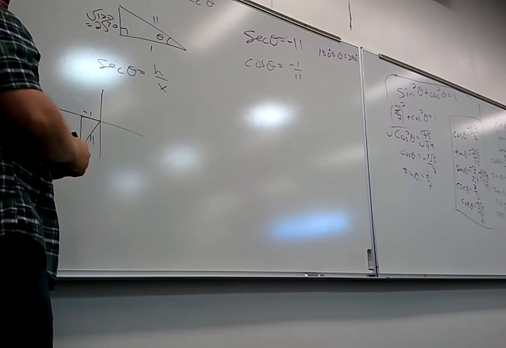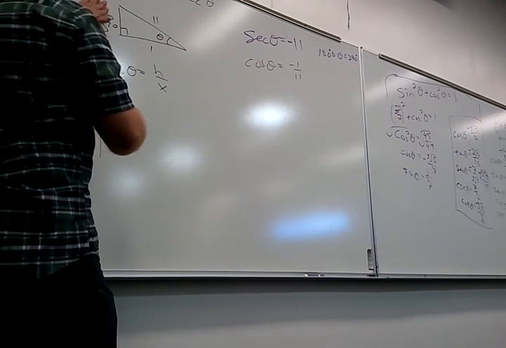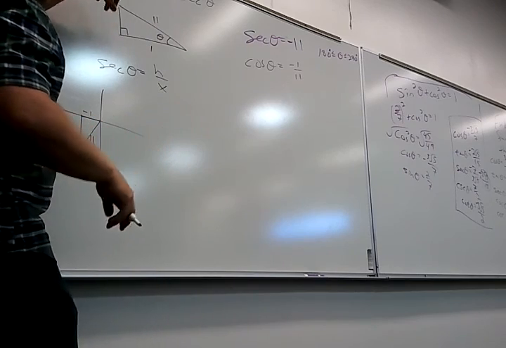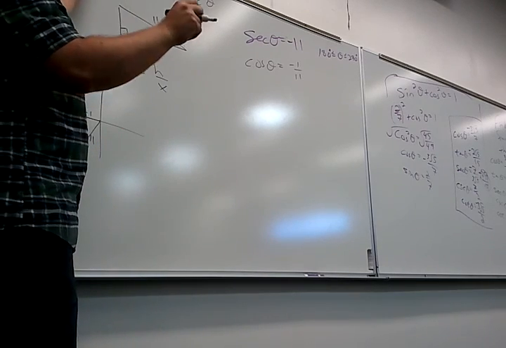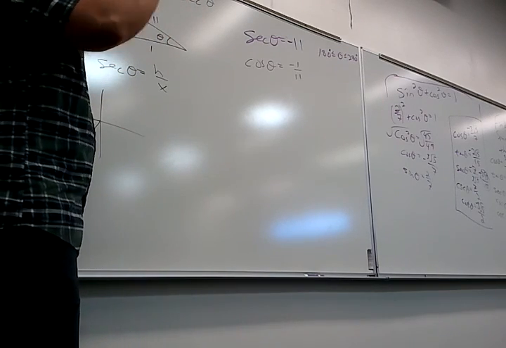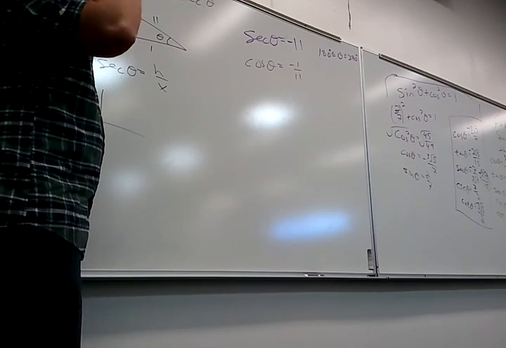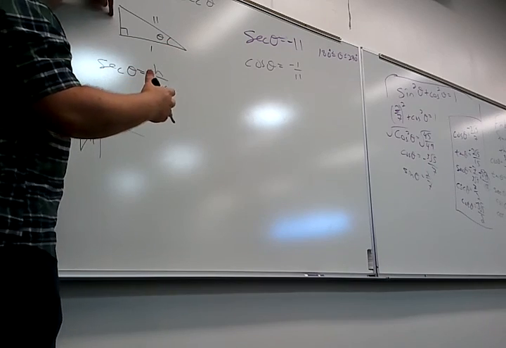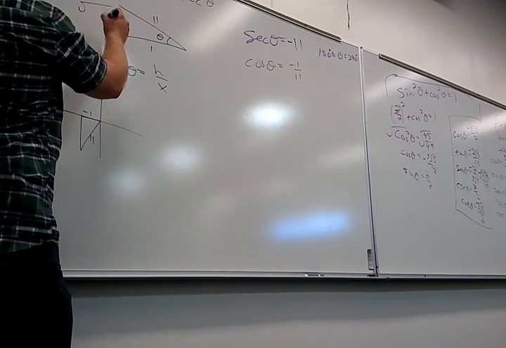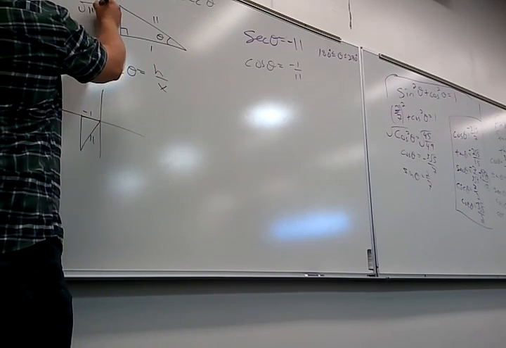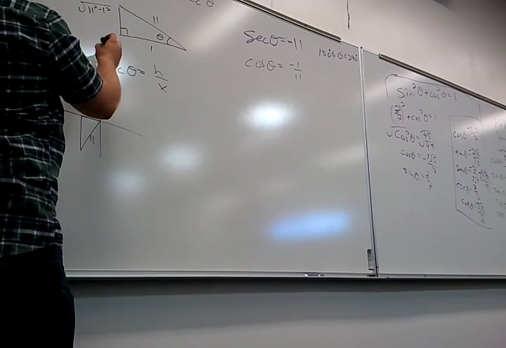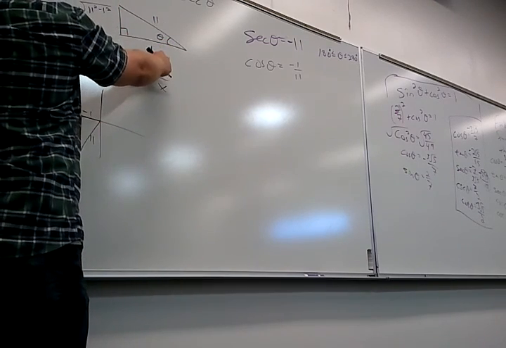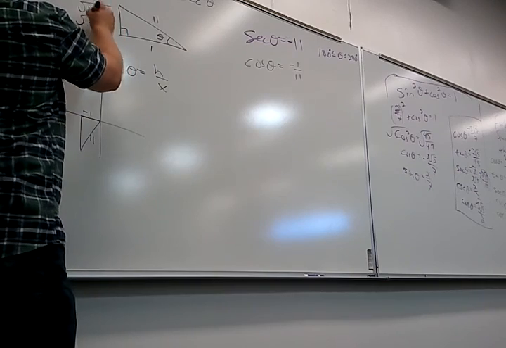How are we doing so far? All right. So again, trig functions are all ratios of sides of triangles. So if I can get all the sides of any given triangle, I know all the trig functions, because it's just the ratios. I'm missing that side. Pythagorean theorem comes into play, right? Hypotenuse squared minus this side squared equals the other side squared.